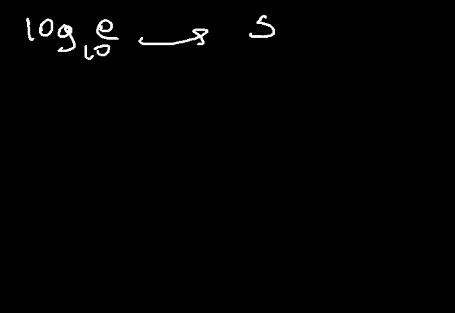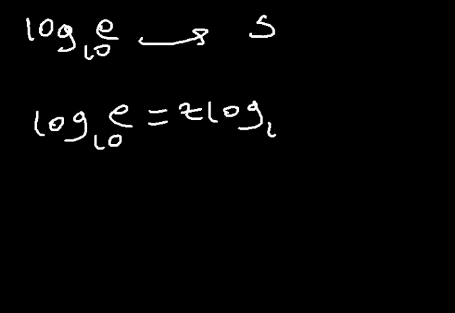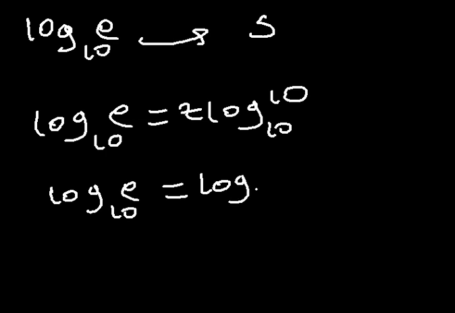We write this as log 10 of a equal to z, which is z times log 10 of 10. So log 10 of a equals log 10 of 10 to the power z. Unlogging both sides, a is equal to 10 to the power z.